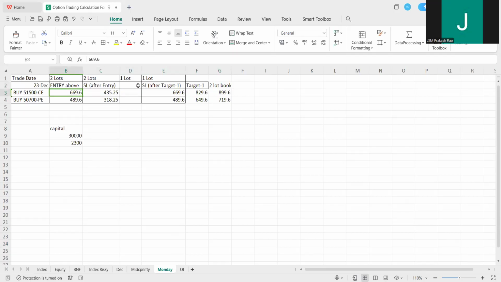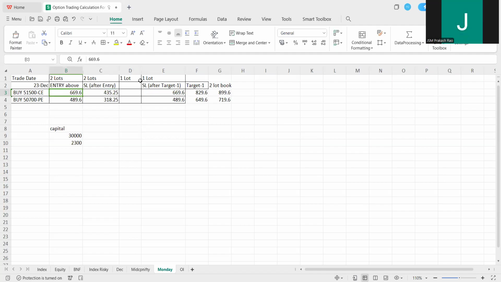Once the price crosses 669, for example, Monday, if the 51,500 call triggers, the entry will come at 669, it crosses, then we will buy 2 lots. Keep stop loss, and then first target around 100, and the first lot we will book out around 889, which is the first target. Second lot we will book around 899. So we are gaining around 200 plus points.